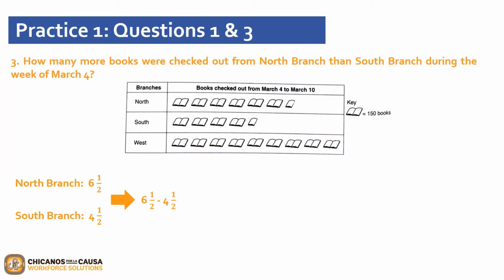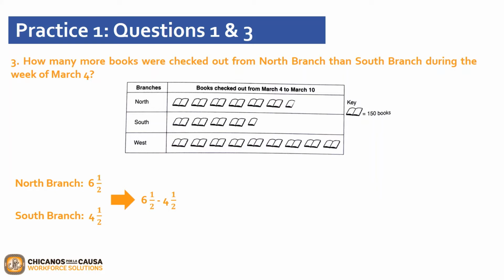Like before, you can technically turn the 1/2 into a decimal if that makes it a little bit easier. But in this particular case, because we are subtracting 1/2 from 1/2, it's actually just going to zero out. So even if you were to do the fraction of 1/2 minus 1/2, you would still get 0. And if you did the decimal of 0.5 minus 0.5, you would get 0.